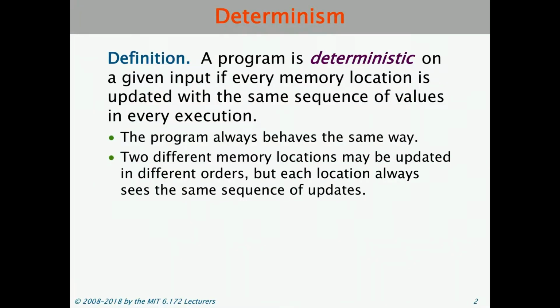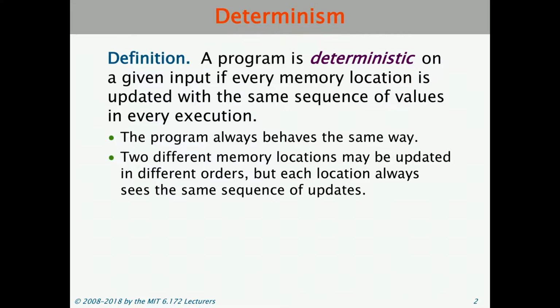So the program always behaves the same, and if it's a parallel program, you may end up having different memory locations updated in different orders. I may do A and then B versus updating B and then A. But if I look at a single memory location, A, say, I'm always updating A with the same sequence of values.